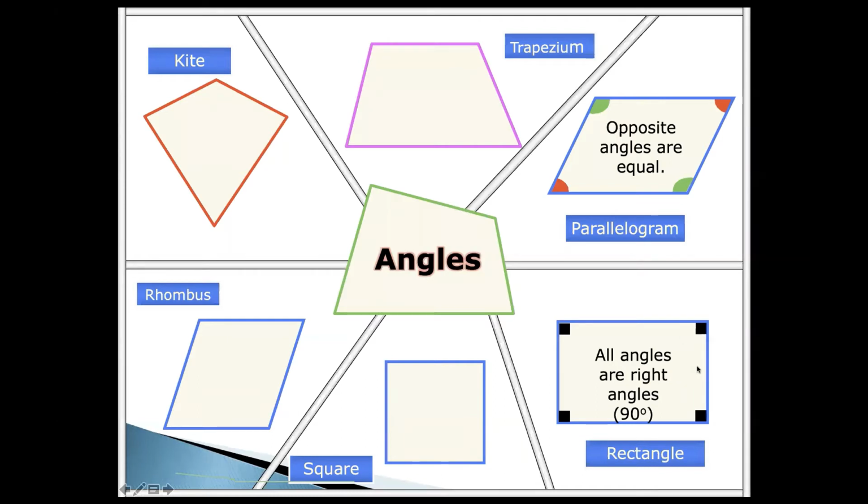The square also has four right angles. But the rhombus, as a parallelogram, has each two opposite angles equal, and each two adjacent or consecutive angles are supplementary.